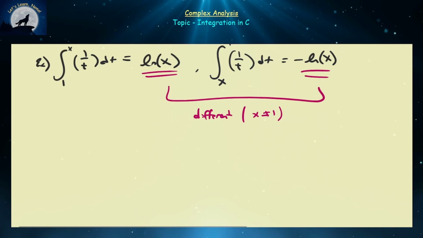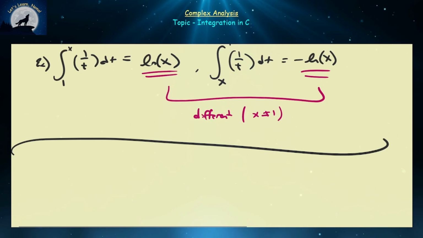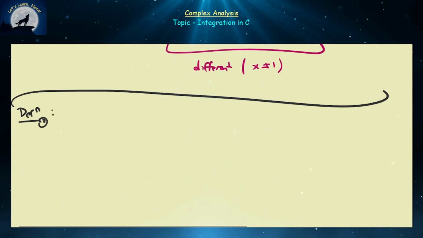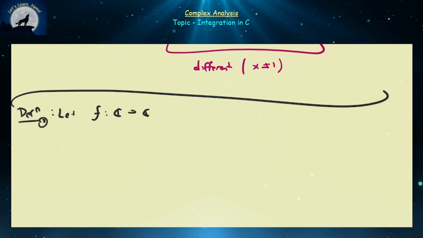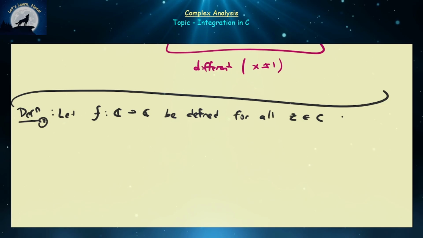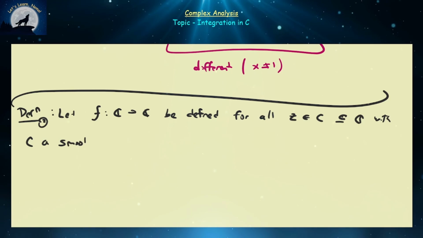With these things in mind, let us now define what it means for a function in the complex plane to be integrable. Let's assume that f maps C to C, so C is going to be the domain, and let's assume that it's defined for all z belonging to C, where C is a subset of the complex plane and a smooth path.